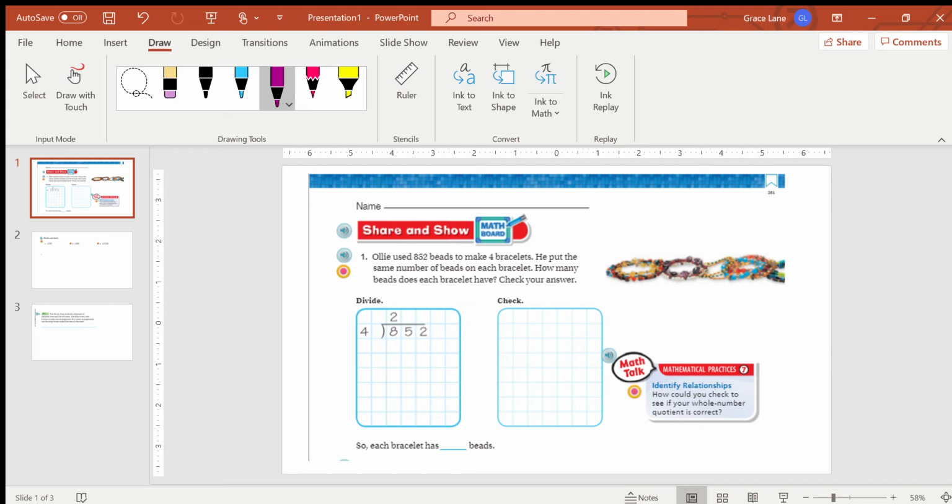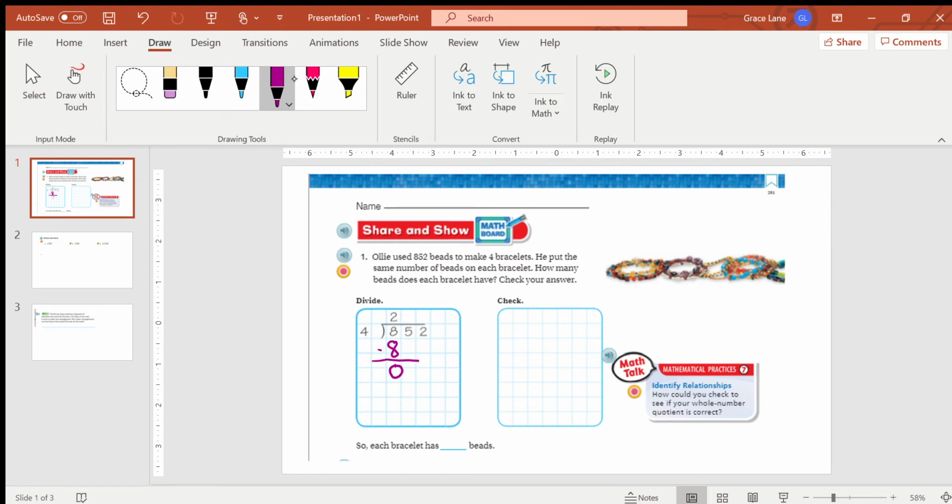So we're going to divide 852 divided by 4. It's already kind of started for you. Remember your steps. Step 1, divide, which they did too. They already figured out that 8 divided by 4 is 2. Step 2 is now multiply. 4 times 2 is 8. And that's what you subtract.